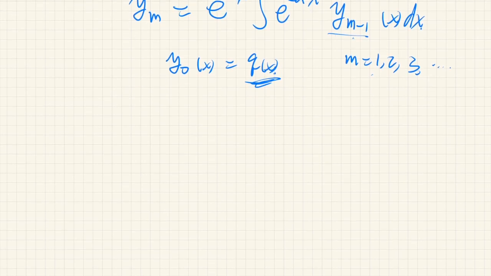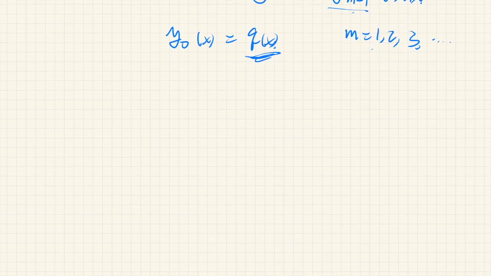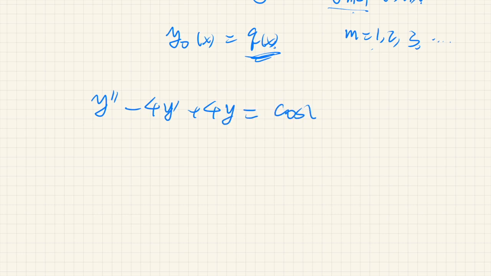And here's an example. Let's solve y double prime minus 4y prime plus 4y equals cosine x. For this one, the left hand side is D minus 2 to the power of 2 applied to y.